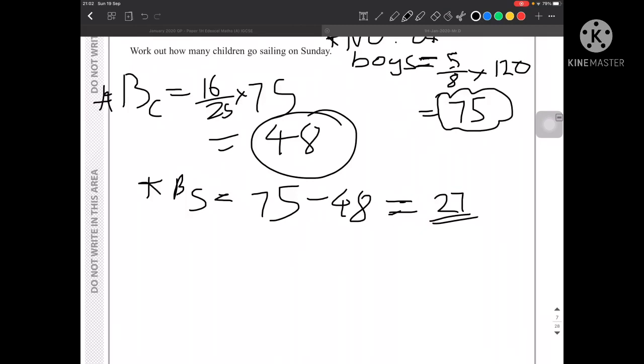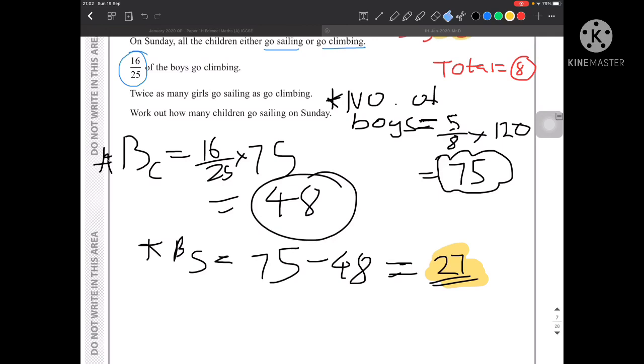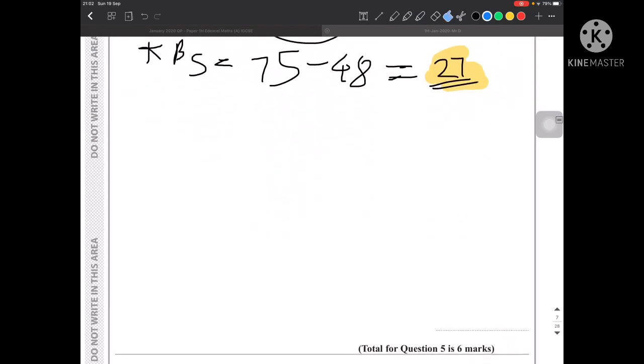So this is a key point in here, right? This one, the number of boys. However, we need the total number of children. The other key thing in here, guys, is this part. Twice as many girls go on sailing as go on climbing. So let's have a separate ratio in here.